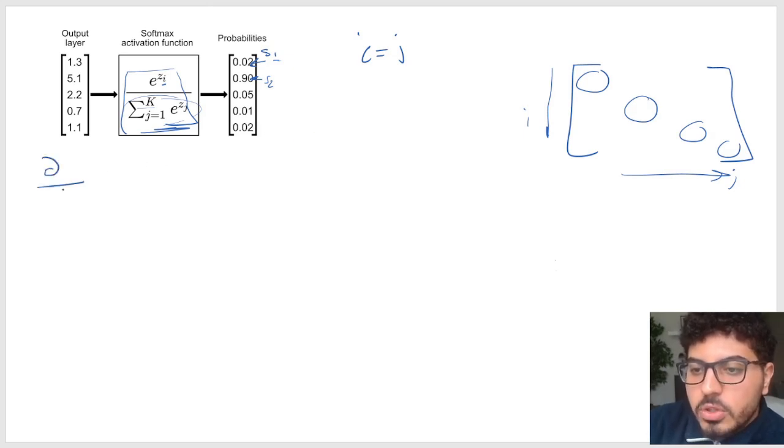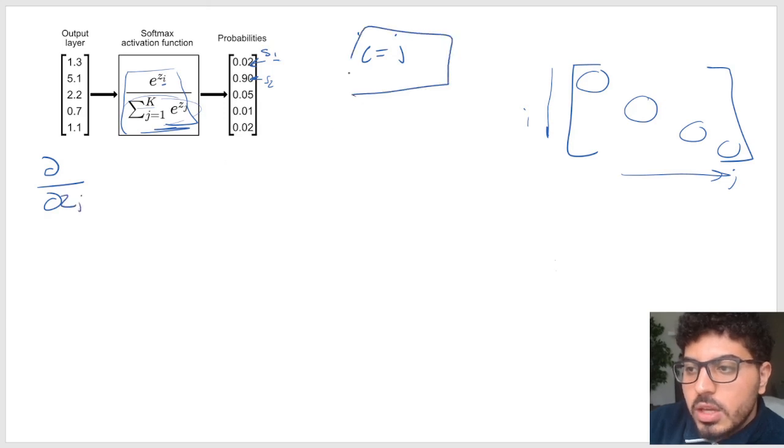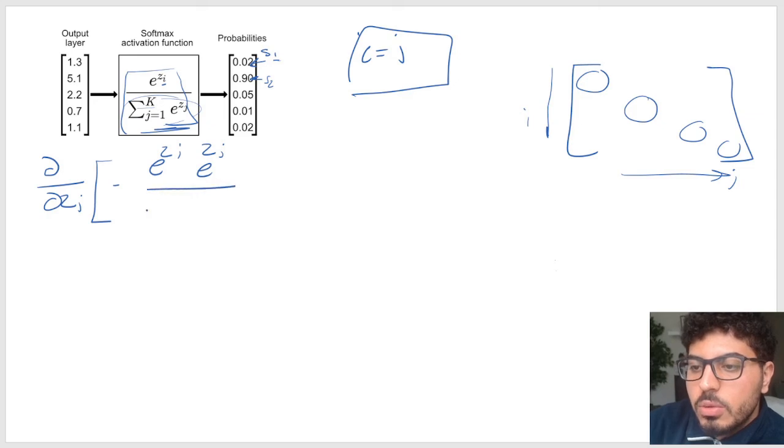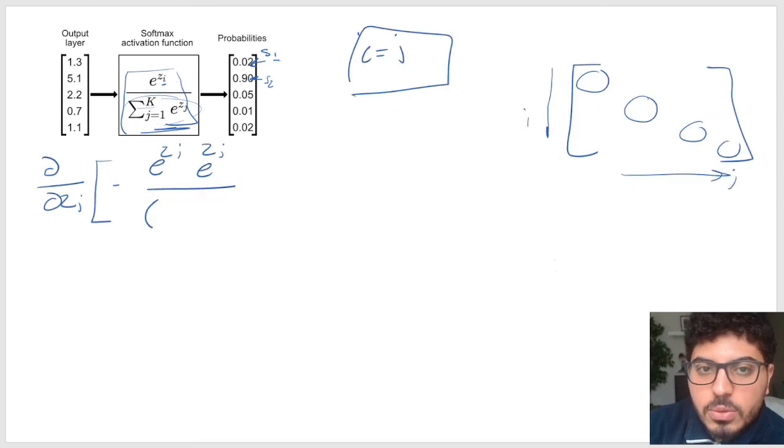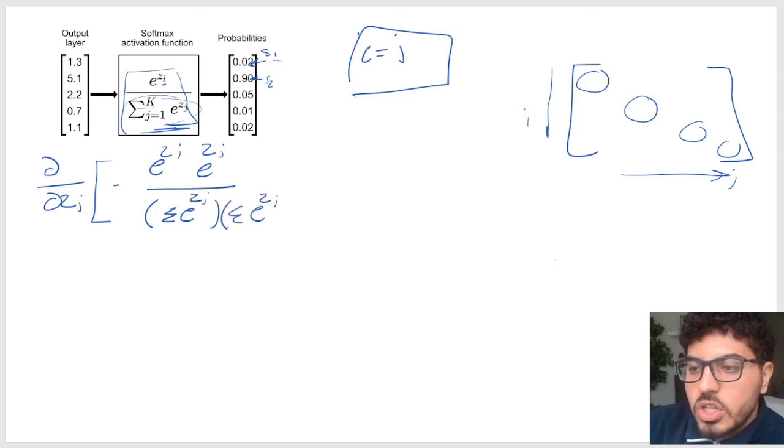So what is the partial d by dzj when i is equal to j for negative e to the power zi e to the power zj over, I'm just going to expand the summation into two brackets. So I'm just going to make it sigma e to the zj multiplied by sigma e to the zj.